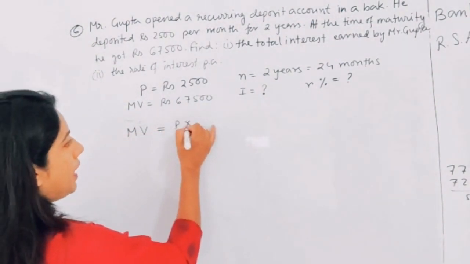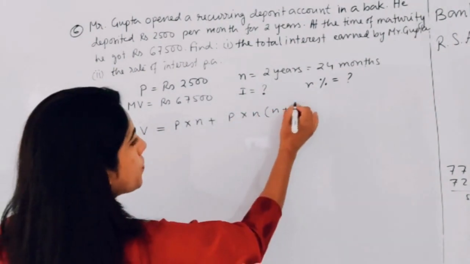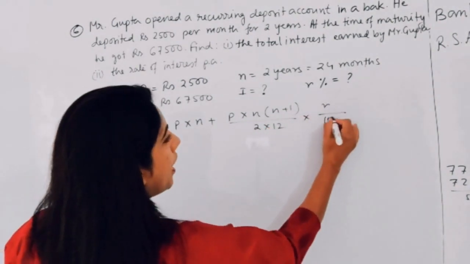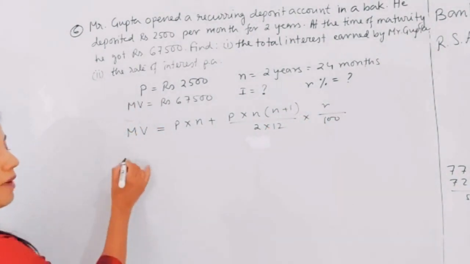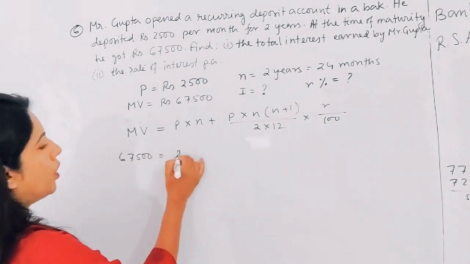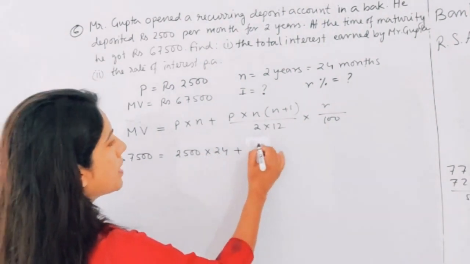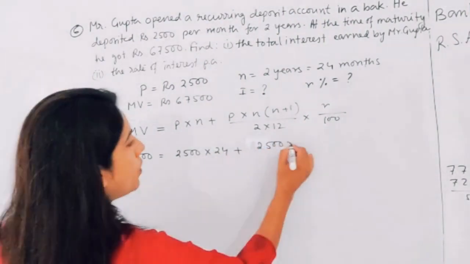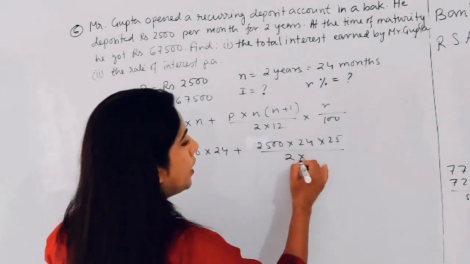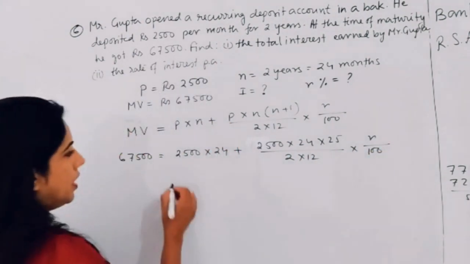Maturity value is P into N plus P into N into N plus 1, upon 2 into 12, into R upon 100. So maturity value is given, put it here, 67500. P is 2500 into 24 plus 2500 into 24 into 25, upon 2 into 12, R we do not know, upon 100.